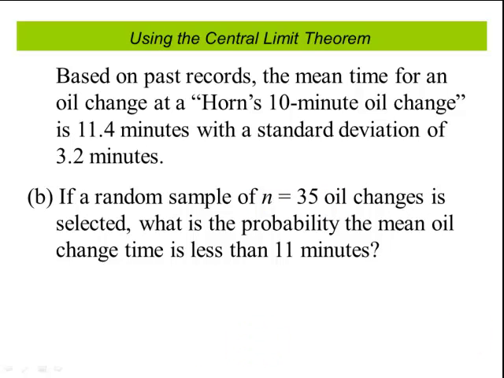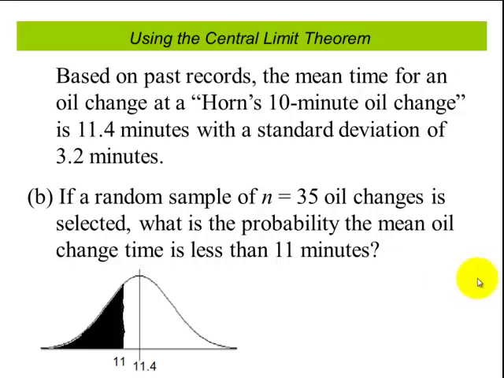Part B. If a random sample of n equals 35 oil changes is selected, what is the probability that the mean oil change time is less than 11 minutes? We know the distribution of this. We know its mean. We know its standard deviation. So the first thing we want to do is draw a picture. The mean is 11.4.